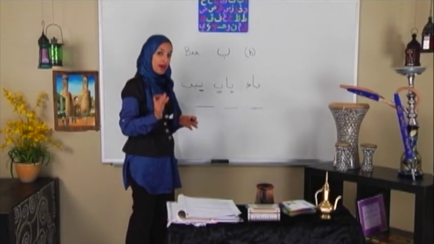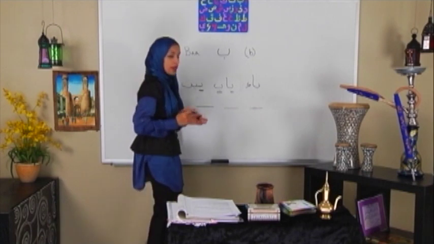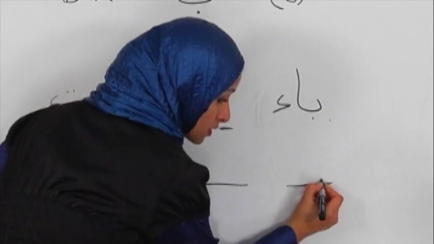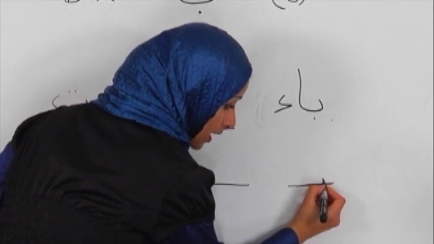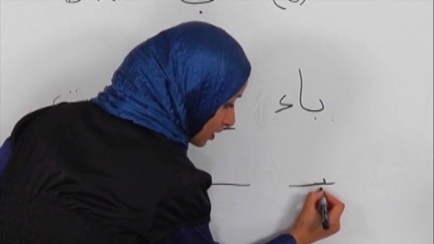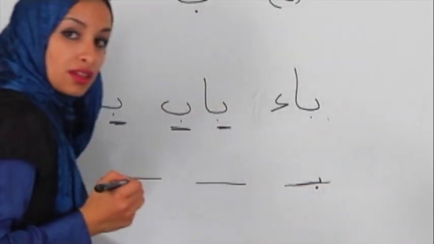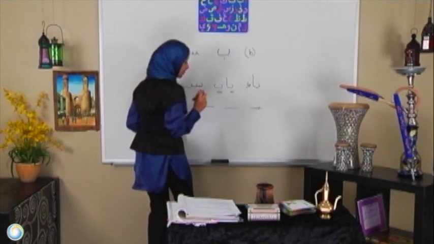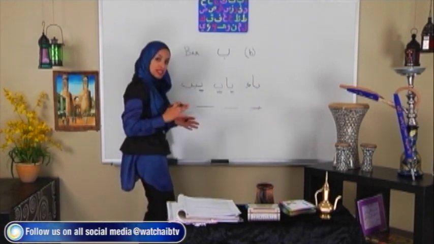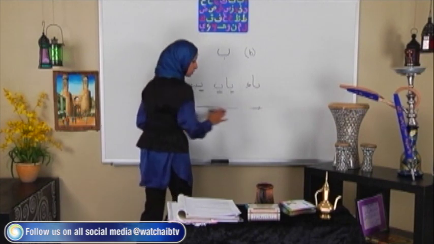Let's look at how ba is written in the beginning, middle, and final position of a word. In the beginning of a word, you would start from the right to the left on the line, and you'd put the dot underneath. There's just one dot for the letter ba. That's in the beginning. Now ba does connect from both sides, right or left.